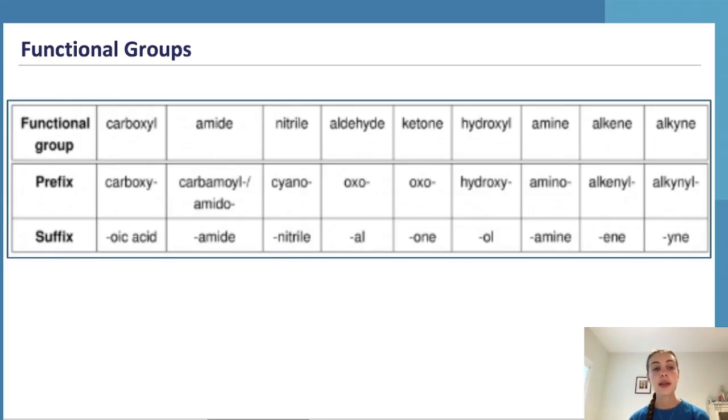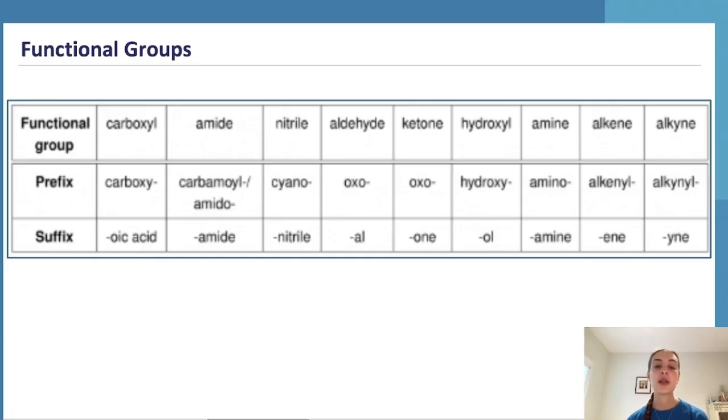With amides, generally the suffix will be -amide. However, sometimes the prefix of carbamoyl or amido is used, typically if it is a lower priority functional group. Same with nitriles, we're typically using the suffix of -nitrile. However, sometimes the prefix of cyano is used when it's a lower priority functional group.